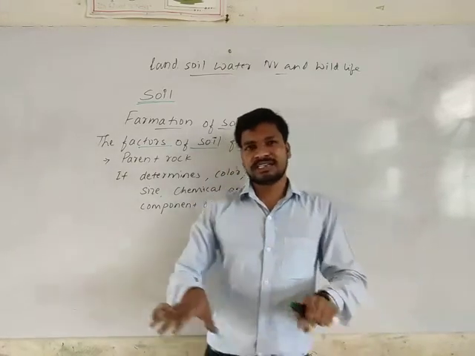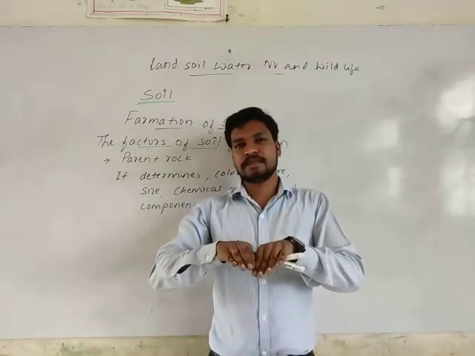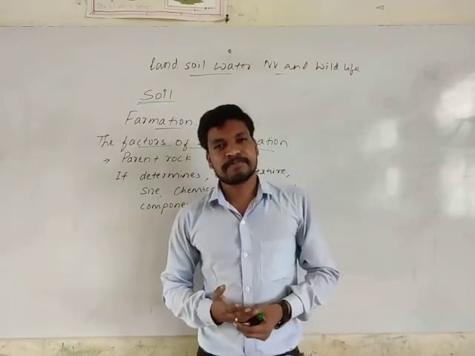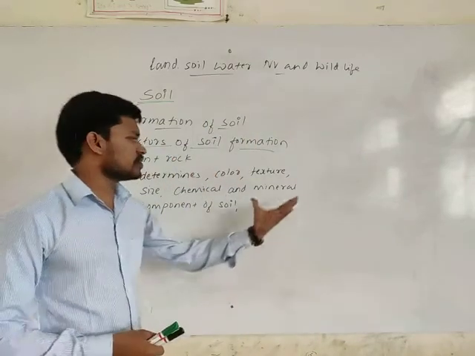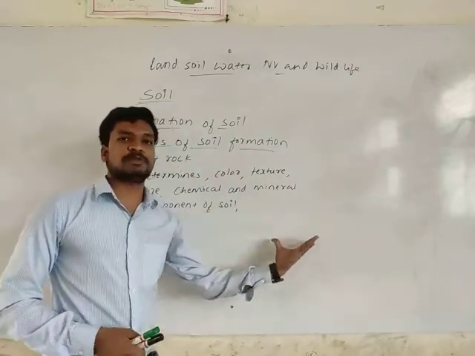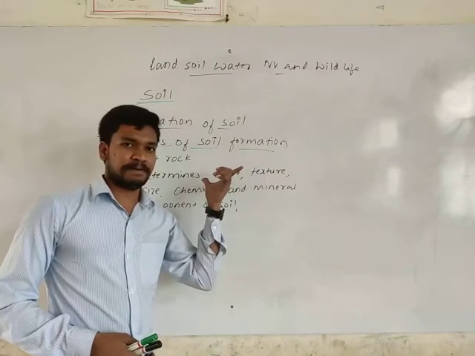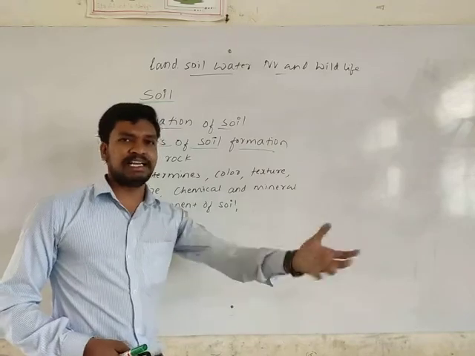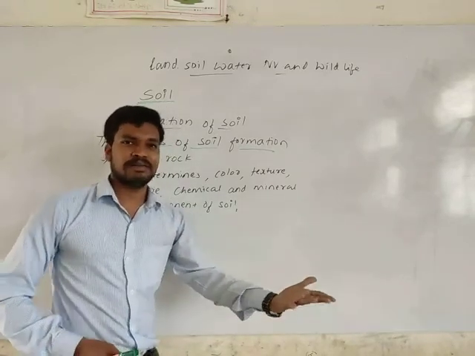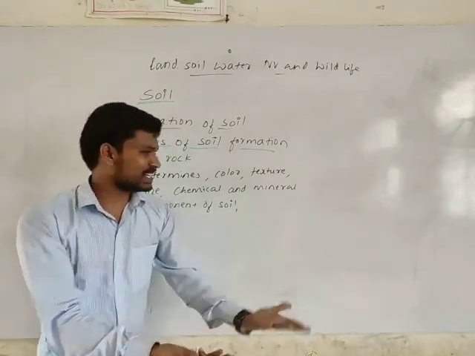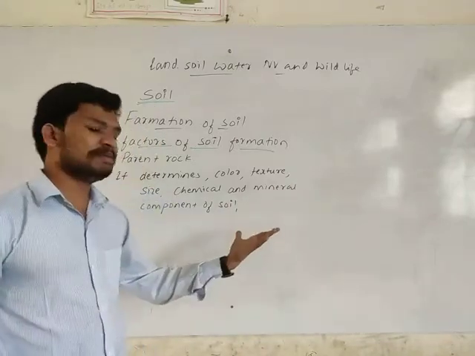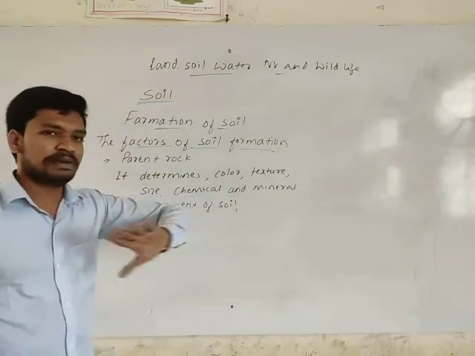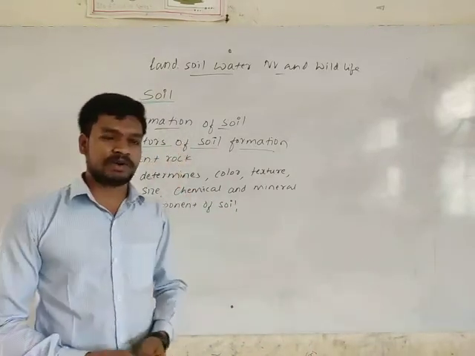And we have different types of soil: alluvial soil, laterite soil, black soil. All these different types of soil on the surface exist because of the parent rock. The parent rock is responsible for creating a particular type of soil, maybe with different color, thickness, texture, or different mineral components. It all has its main source from the parent rock.